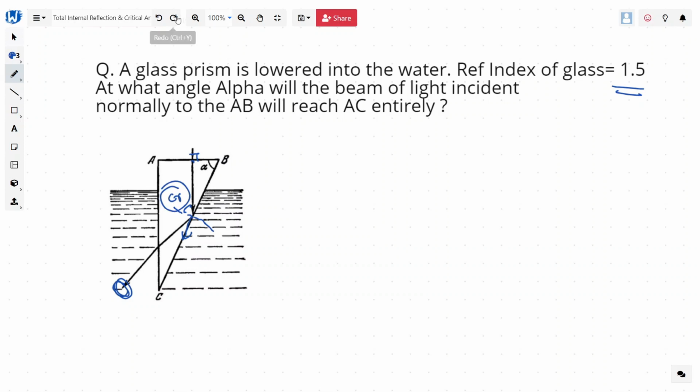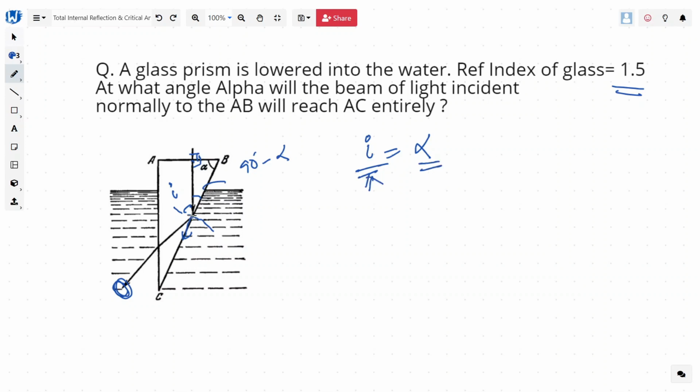So now let's try and write that equation again. Simply put, whatever information we have, this is 90, this is 90, this is alpha, this is 90 minus alpha, hence our angle of incidence here, the critical angle, is also equal to alpha. So I is also equal to alpha. If we can find I, we'll be able to find alpha, and that's what we want to find out.